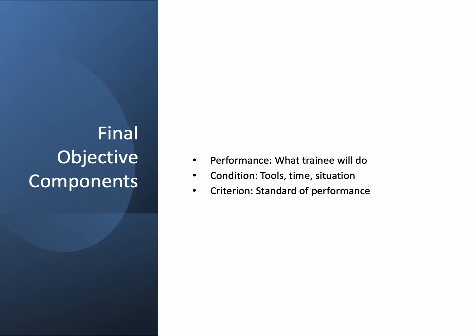are critical. Final training objectives consist of 3 components: performance, what the trainee will do; condition, the tools, time, or situation for performance; and criterion, the standard of performance. For example, a nurse's objective might be administer medication, performance, using hospital protocols, condition, with 100% accuracy, criterion.